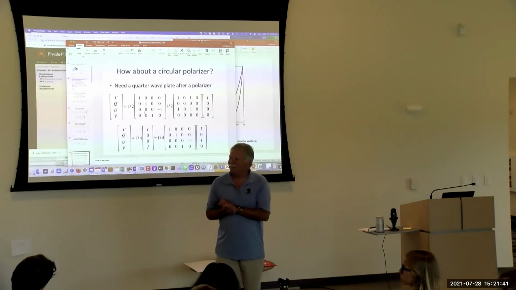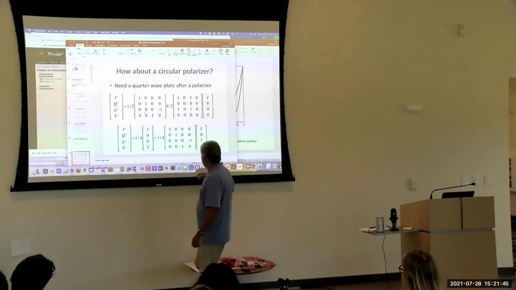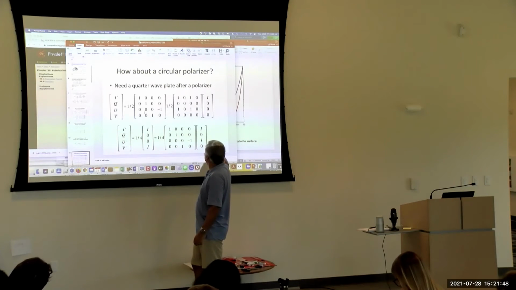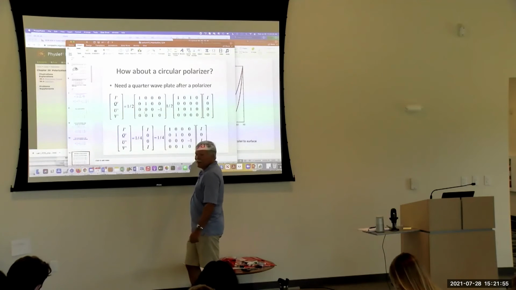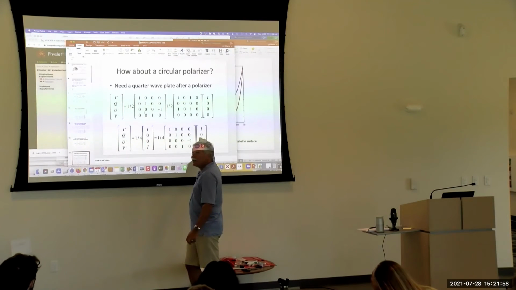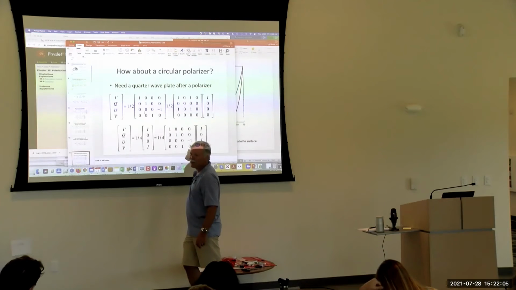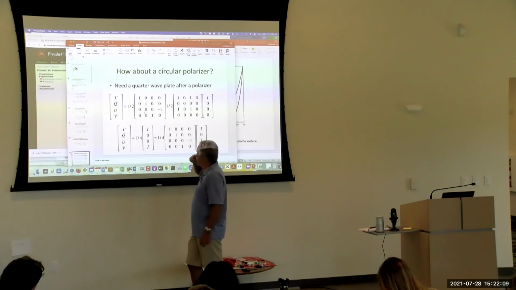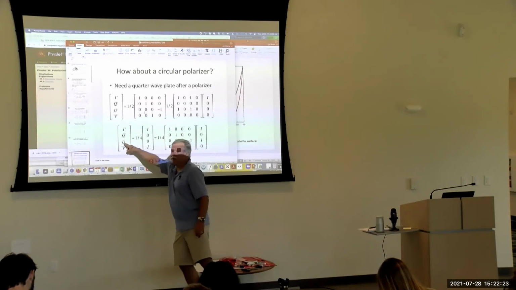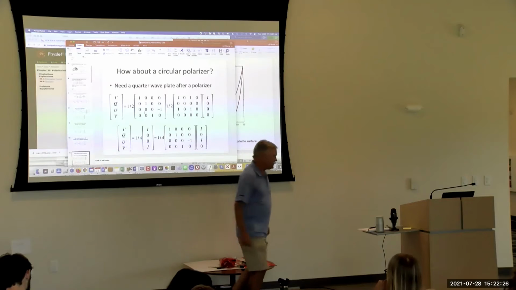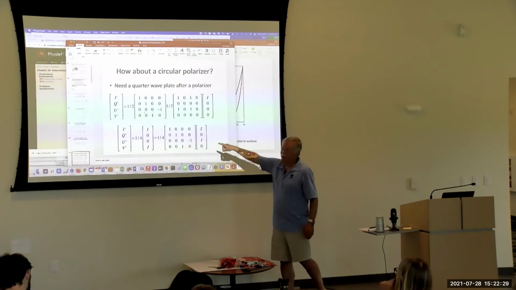For the minus one, right here, what this element is basically doing is taking whatever you have in terms of U in your Stokes vector and moving it into the circular polarization part, V. A minus one here means that if you had light that came into this that had a circular polarization component, it would end up giving you a U component when you're done. I don't have the general formula written down.